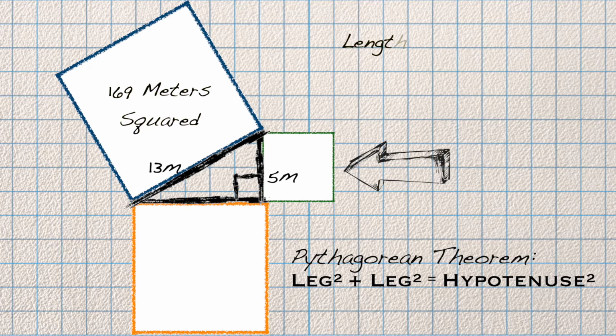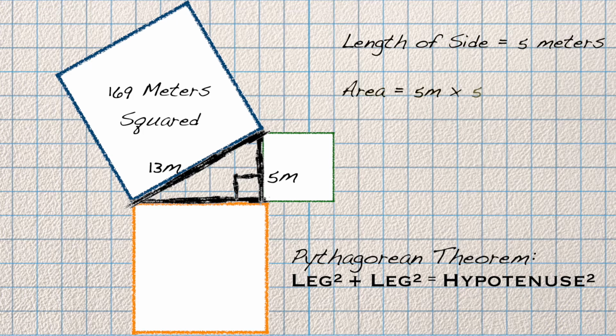This square has a side length of 5 meters. So the area is 5 times 5, which is equal to 25 meters squared.